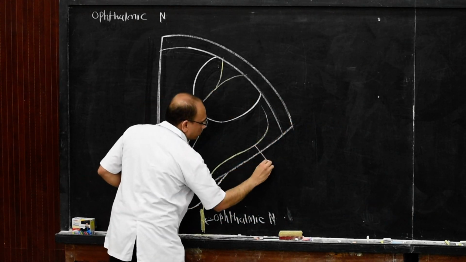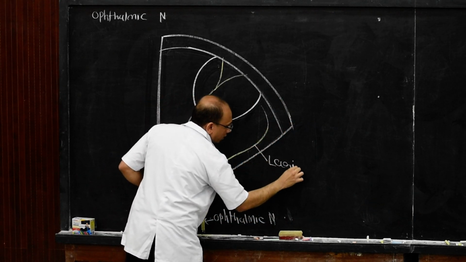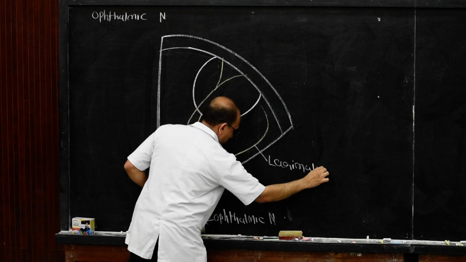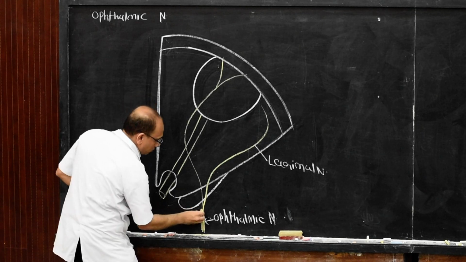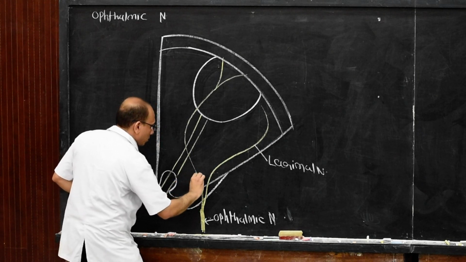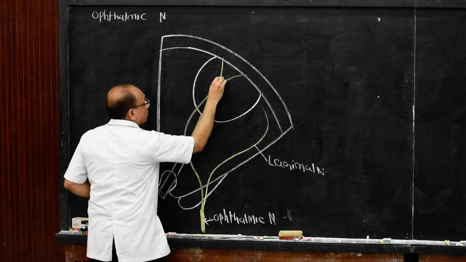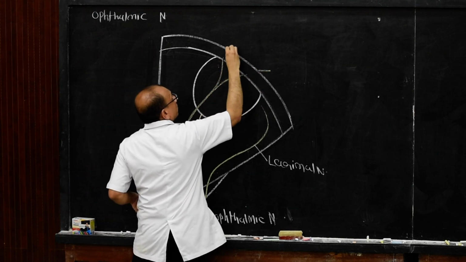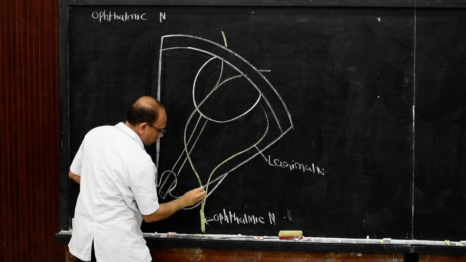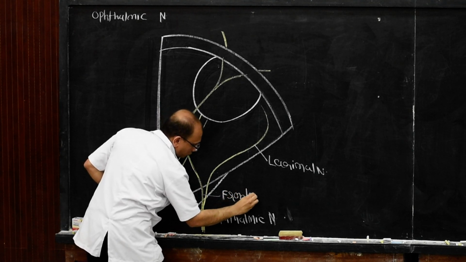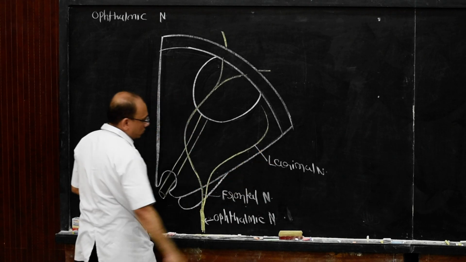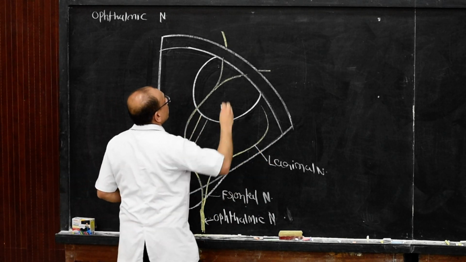So this is our lacrimal nerve, the first branch. This one is the frontal nerve, which divides into the two branches.